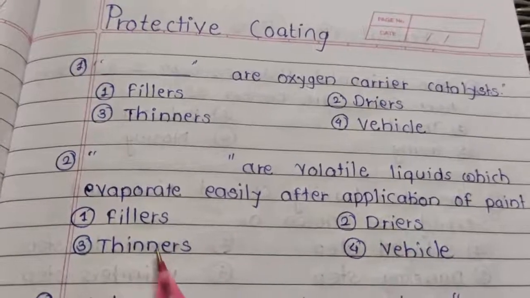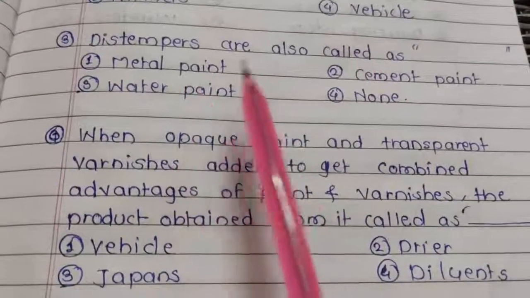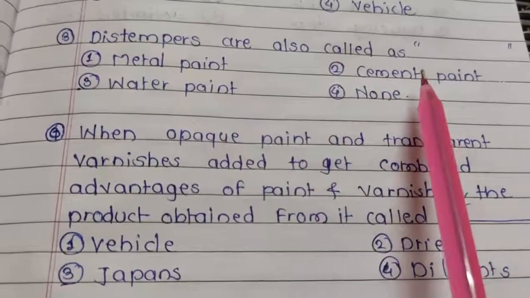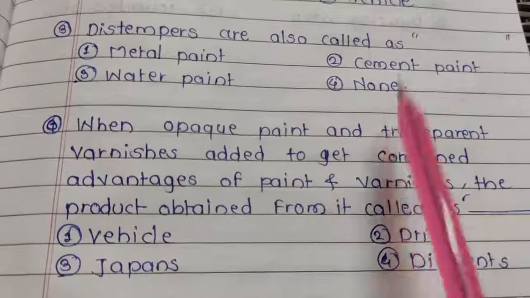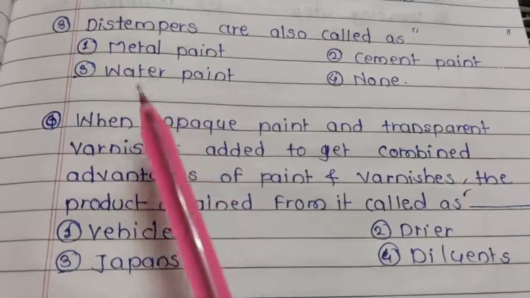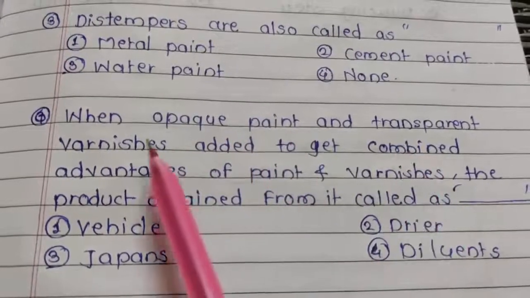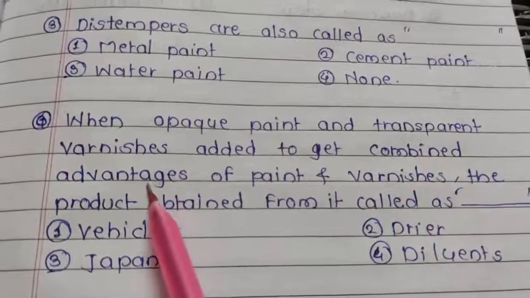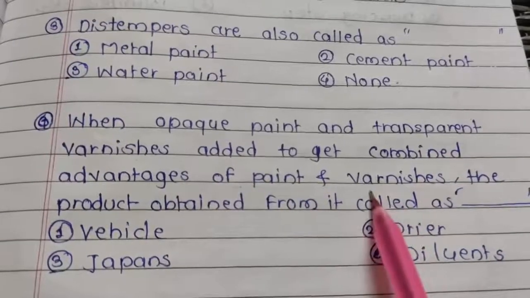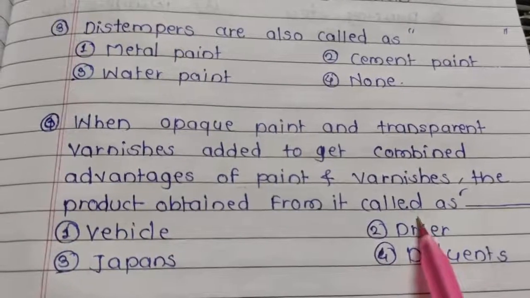These are thinners. Distempers are also called as metal paint, cement paint, water paint, none. Distempers are water paint. When opaque paint and transparent varnishes are added to get combined advantages of paint and varnishes, the product obtained from it is called as Japans.